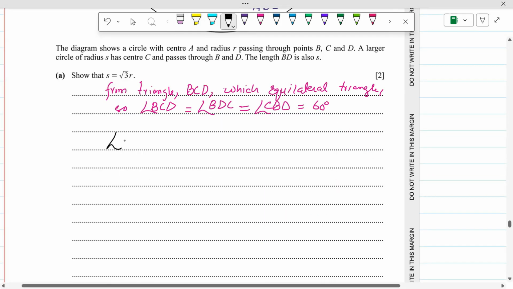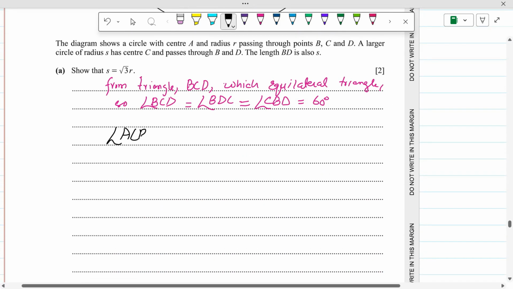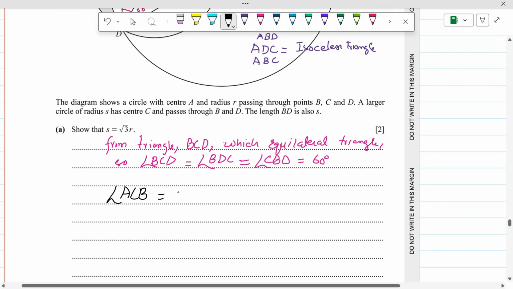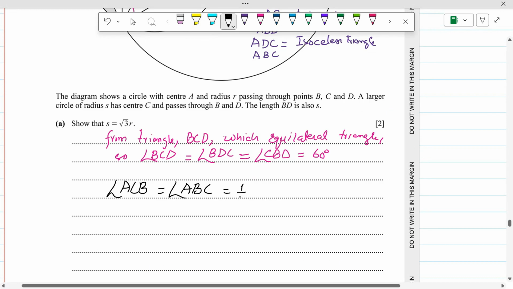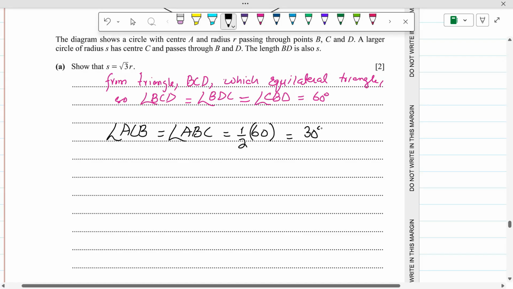So angle ACB or angle ABC is equal to one half of the angle 60. So this one is equal to 30 degrees.